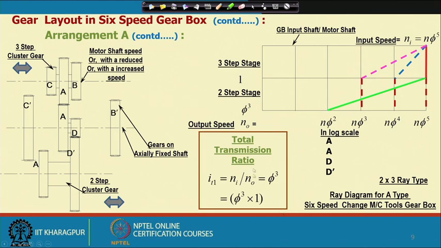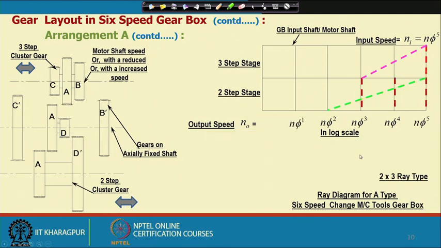Again for the top stage, that is the 3 step stage, Z A by Z A is equal to 1, and in this stage Z D dash by Z D dash is equal to phi cube.